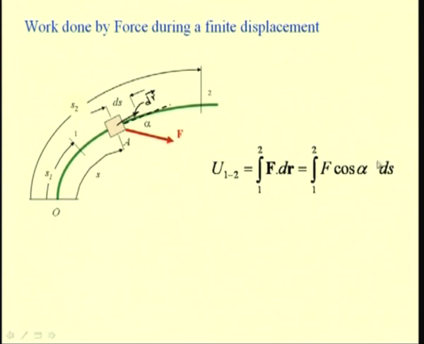So, this gives the work done by this force from 1 to 2, or the work done by this force in moving this body or the particle from this position 1 to 2.